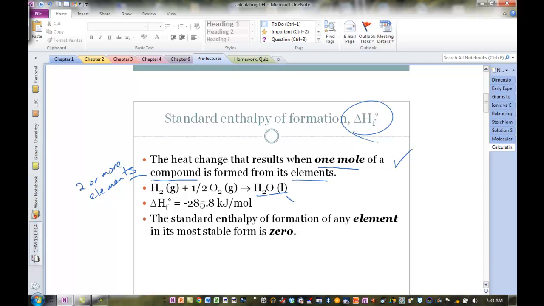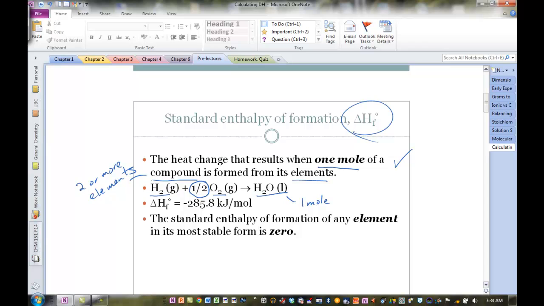1 mole of a compound, in this case liquid water, is formed from its elements, hydrogen gas and oxygen gas. Now we do have to write those as H2 and O2 because those are the stable forms of hydrogen gas and oxygen gas. They are diatomic. One thing you'll notice in these formation reactions, quite often we end up with fractional coefficients.